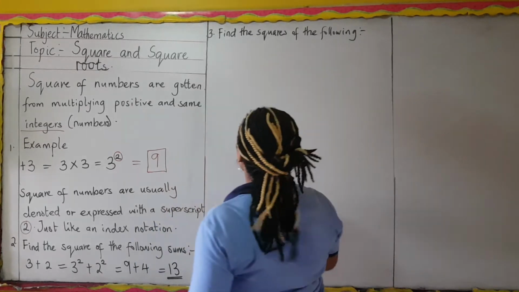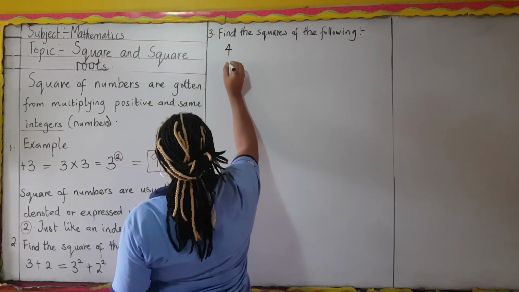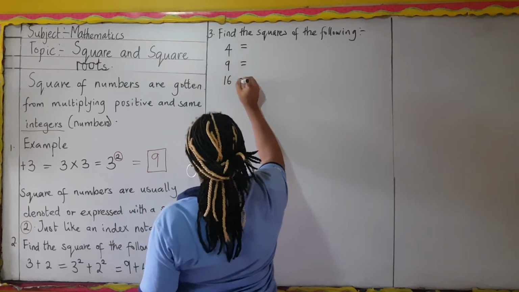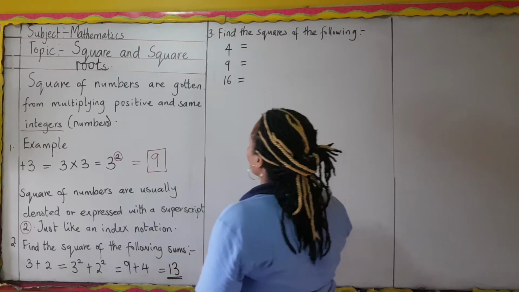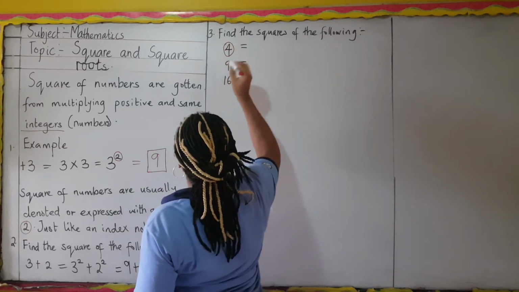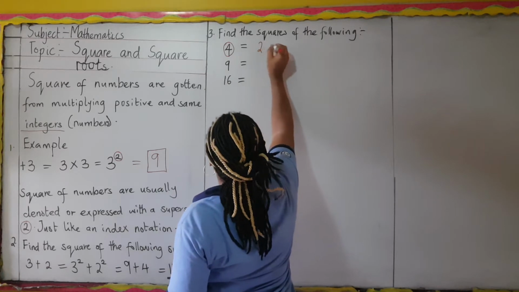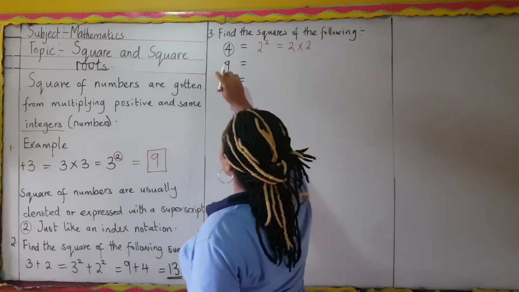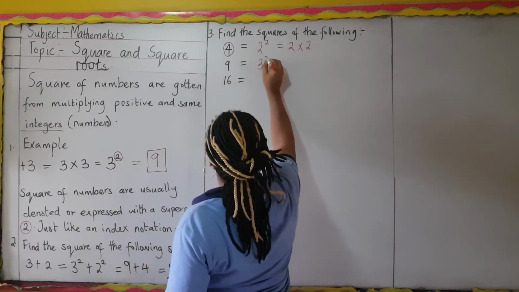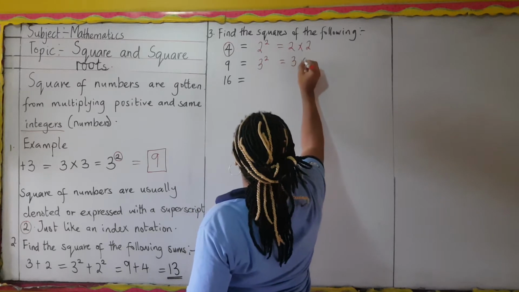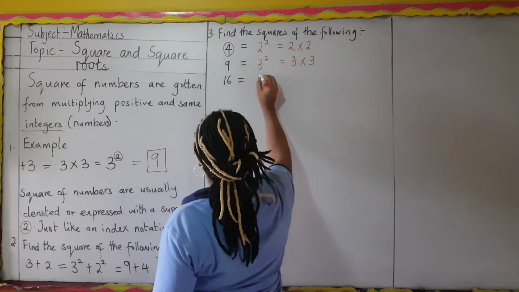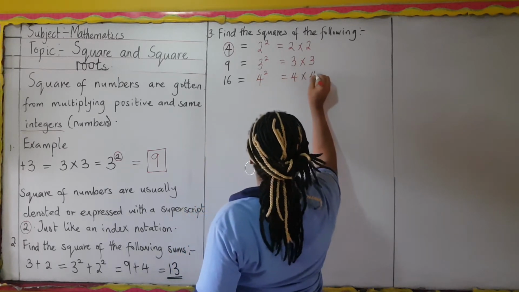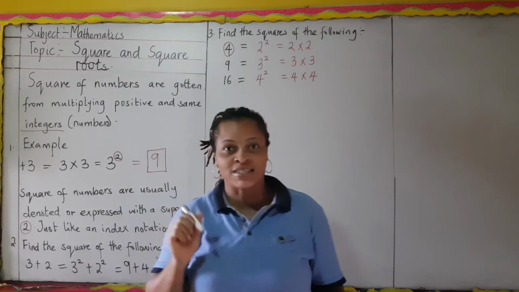I have 4, I have 9, and I have 16. Now the squares of the following, remember these ones are perfect squares. 4 is a perfect square, so the square of 4 is 2 raised to power 2. That is 2 times 2. Now the square of 9 is 3 raised to power 2, and that will give us 3 times 3. And the square of 16 is 4 raised to power 2, and that will give us 4 times 4. Good. Children, did you understand that?